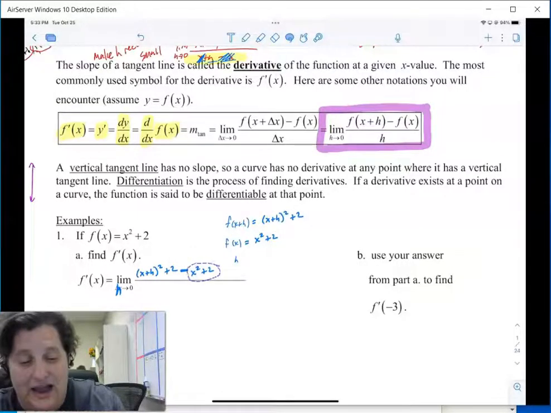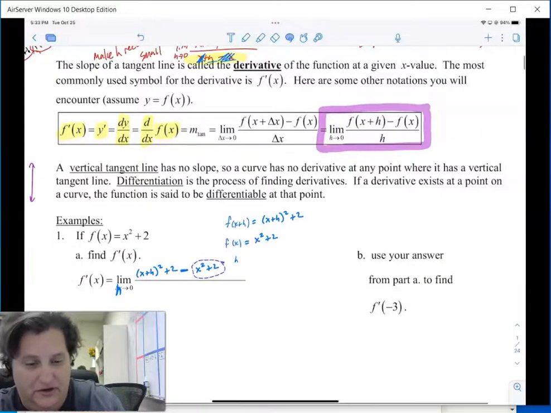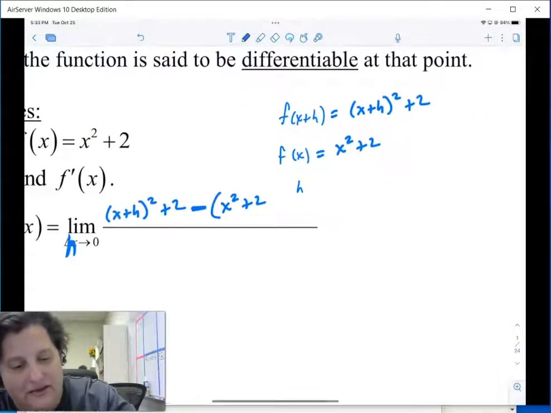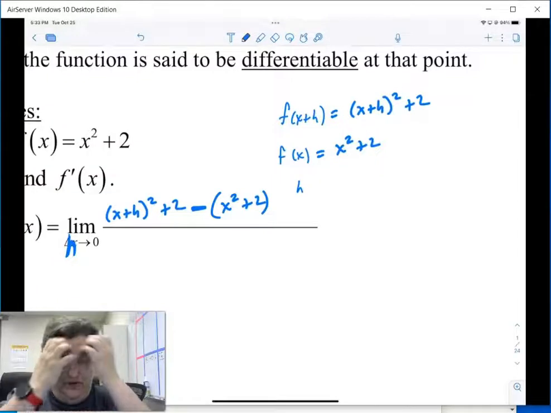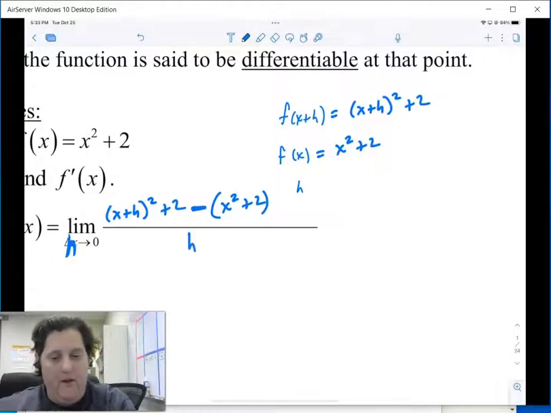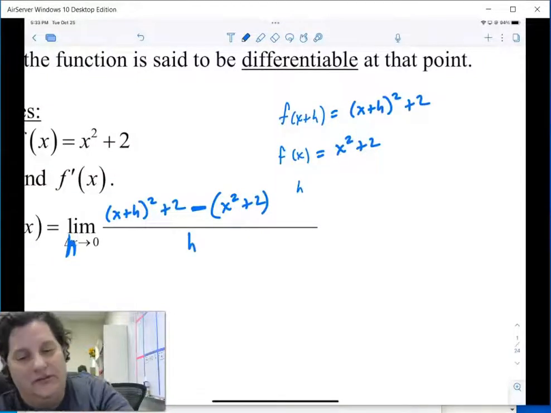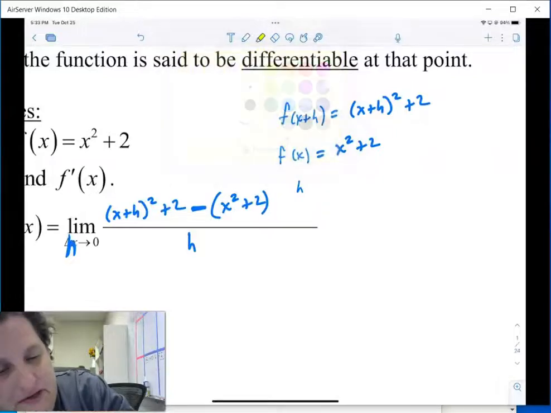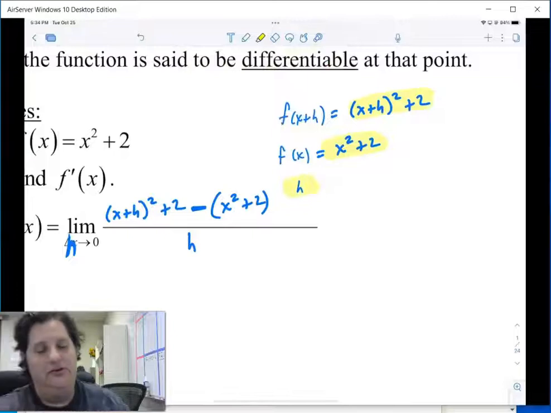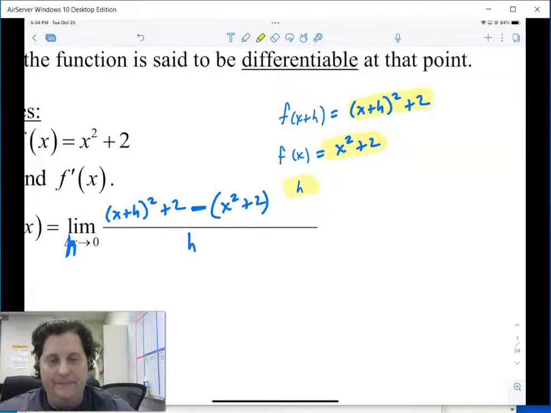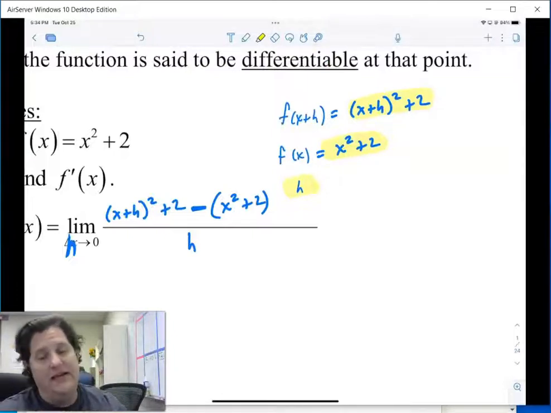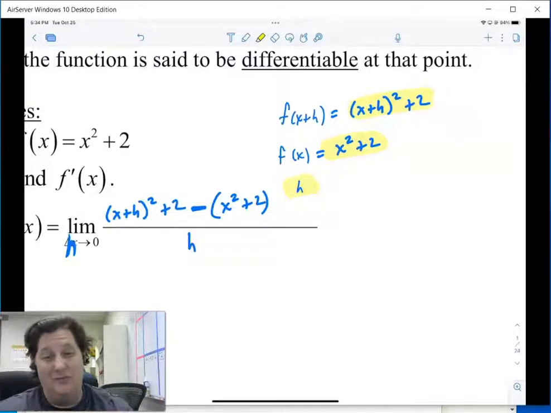Now, you do have to be a tiny bit careful. Anybody see what the issue is here? When I'm subtracting something, I should probably keep that in parentheses because I'm subtracting the whole thing, over h. So it's f of x plus h minus f of x over h. Just memorize that. Now, guys, that's the calculus. You're done. Everything from here on out is algebra stuff.